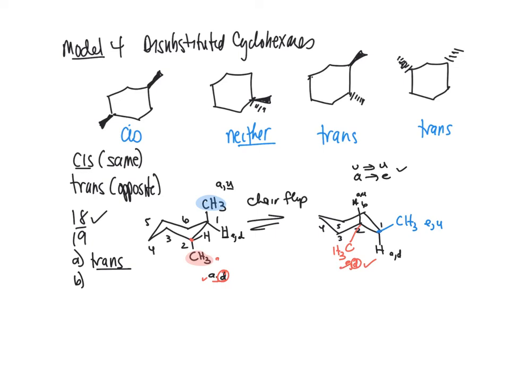All right, so C, the following statement is true or false. When a chair flips, the relationship between the two substituents remains the same. Explain your answer. Okay, I said true. Both methyls remained on the original side. So if you look at this molecule, it is trans.